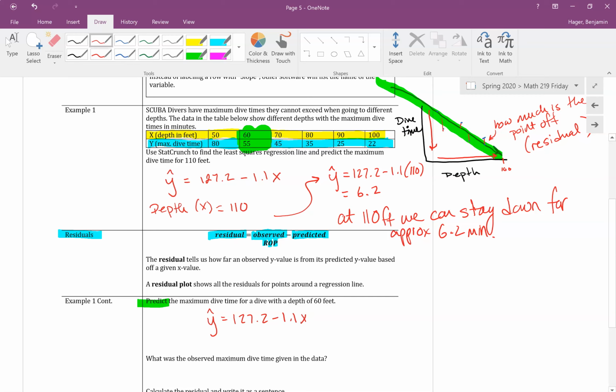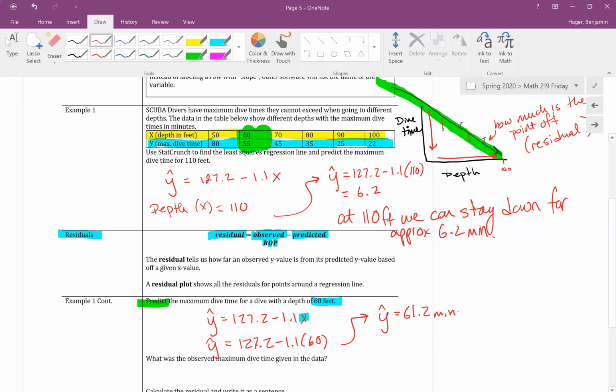Let's see what that says when I go down to 60 feet. If my depth is 60 feet, remember that's my x value, my estimated dive time would be 61.2 minutes.